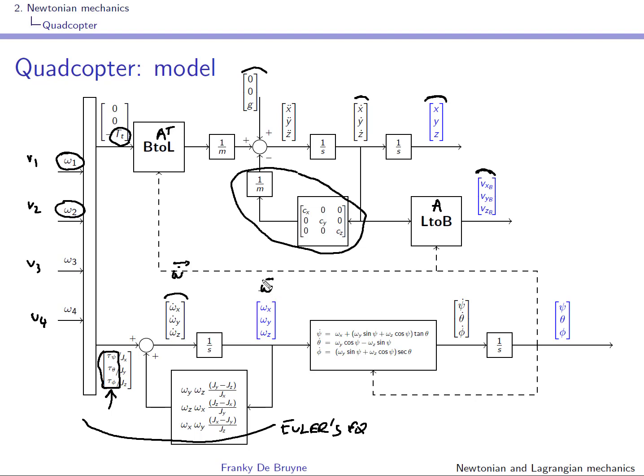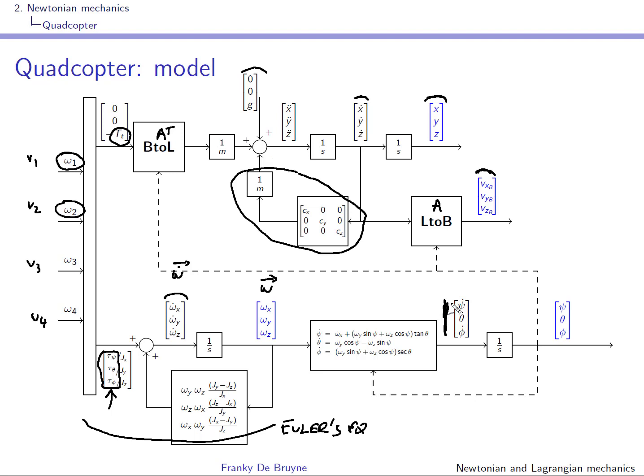the angular velocity vector with its components omega x, omega y, omega z, and these are again in the state of my model. We had seen previously that there is a link between these components of the angular velocity vector and the derivatives of the Tait-Bryan angles.